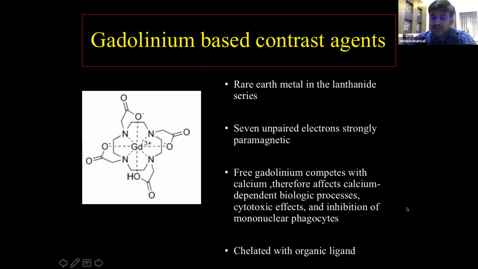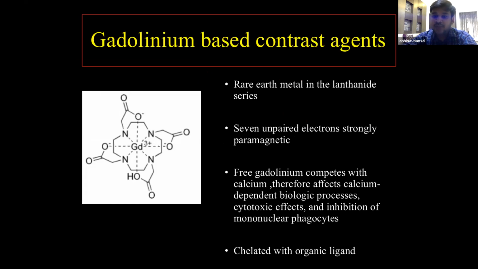So a brief introduction about the gadolinium-based contrast agents. Gadolinium is a rare earth metal in the lanthanide series, and it has 7 unpaired electrons, which makes it strongly paramagnetic and a good candidate for contrast-enhanced imaging.